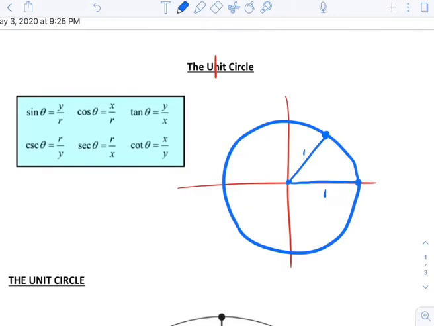Well, basically, if we keep that as 1, we have a point x and y that's created at this spot right here. So y is the value that the dot is above the x-axis in this case, and x is the distance to the right of the origin for that point. So that makes up our point x and y.